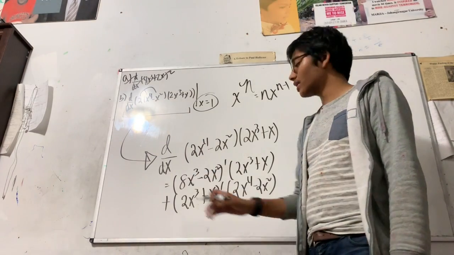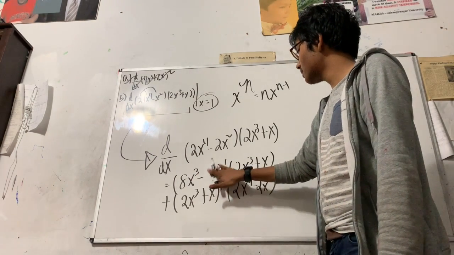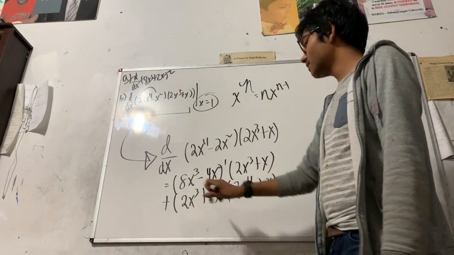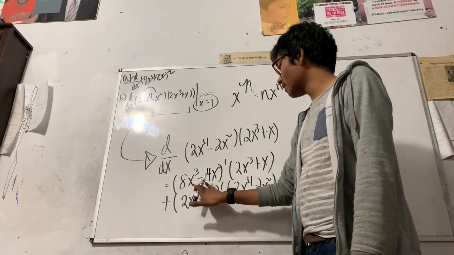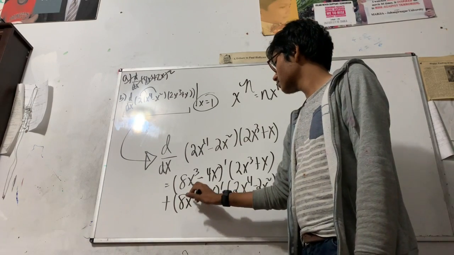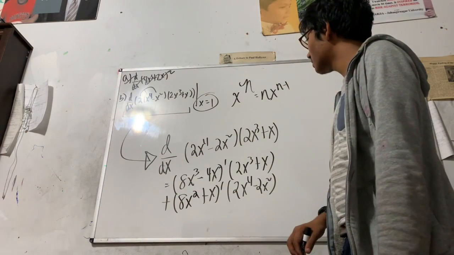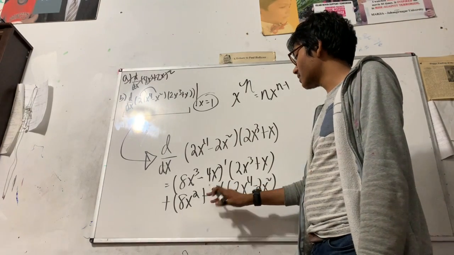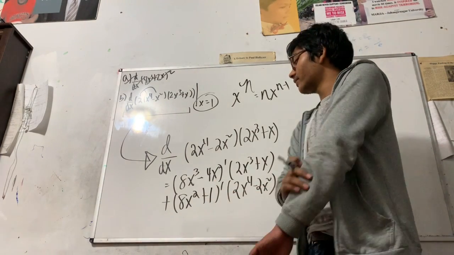Same concept here. 2x squared becomes 4x. Let's apply that here. 2x cubed becomes 8x squared. And what else do we have? x, of course, the coefficient of x is 1, and that will be its derivative.